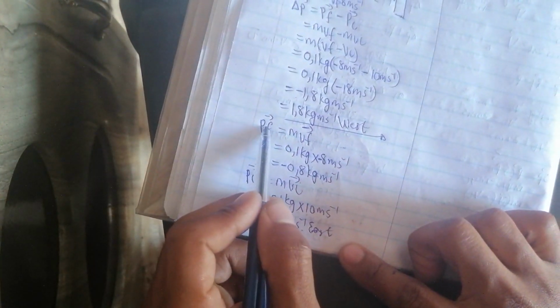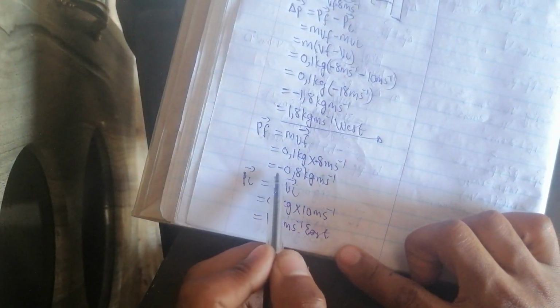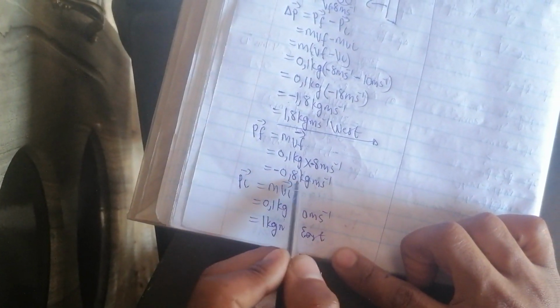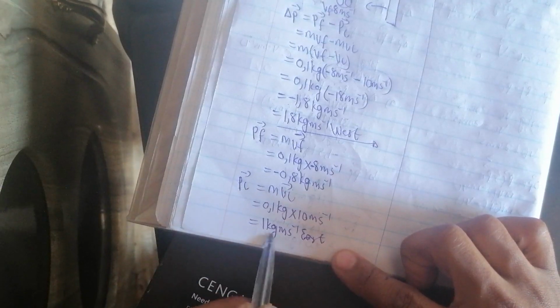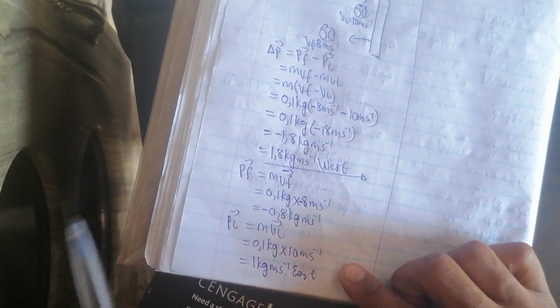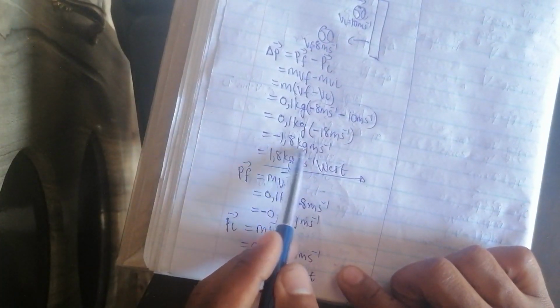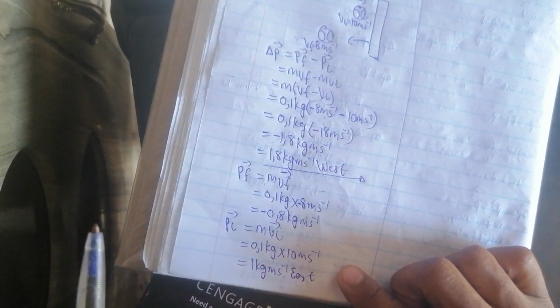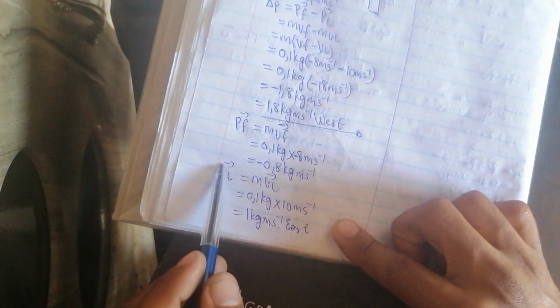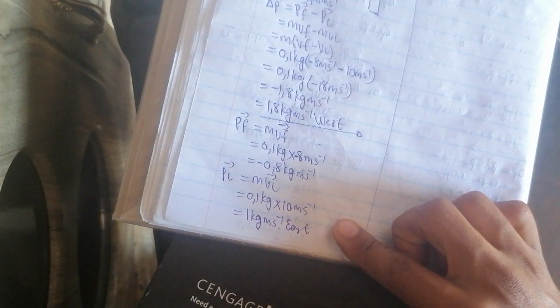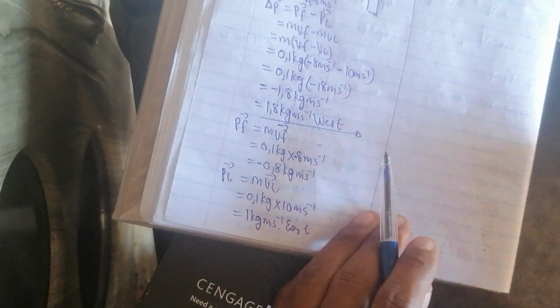So let us try to continue. We have final momentum, which is negative 0.8, the initial is 1, and the change is negative 1.8. So which one is bigger? Initial momentum.